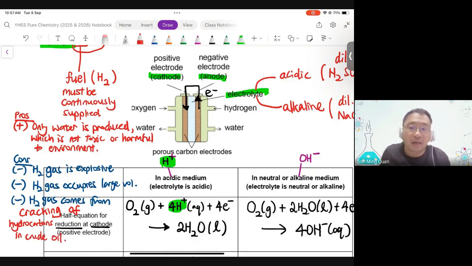So basically, we crack the hydrocarbons, we break up the hydrocarbons in crude oil to make hydrogen gas. You have not learned this before, don't worry. But crude oil is a fossil fuel. This means that to get the hydrogen gas, I must use fossil fuel to start with, which is like, then what's the point, right? So there are many, many disadvantages to the hydrogen fuel cell.